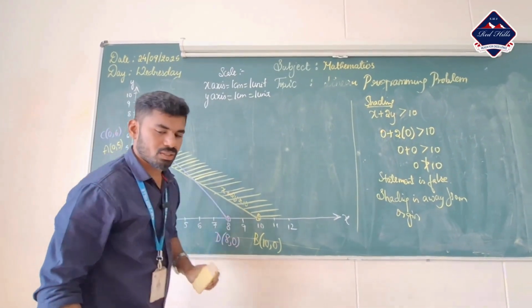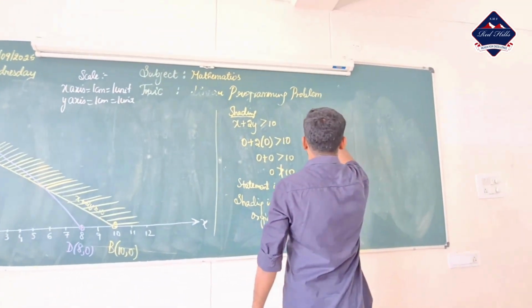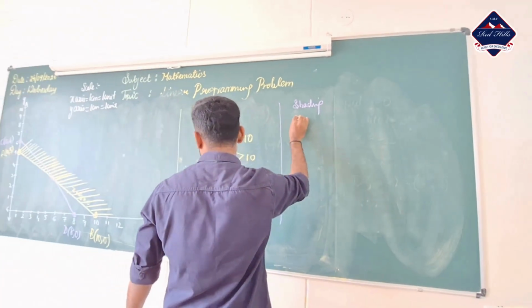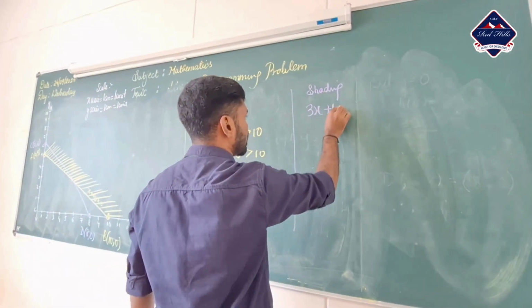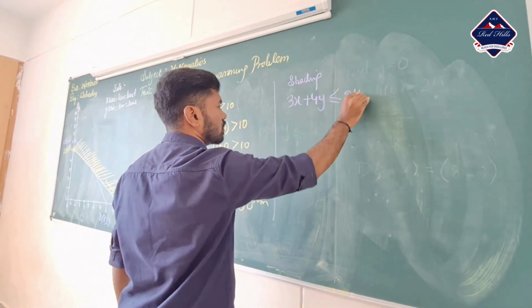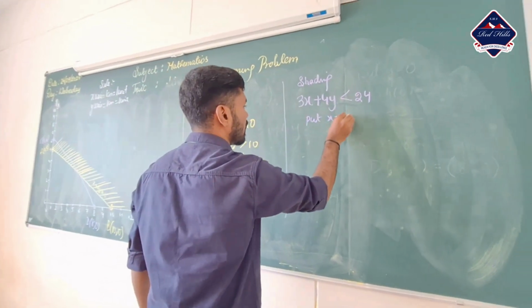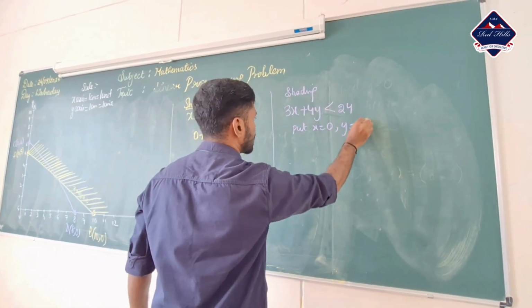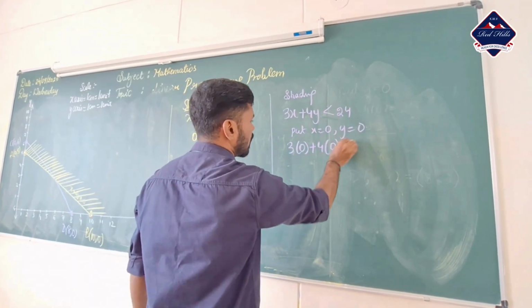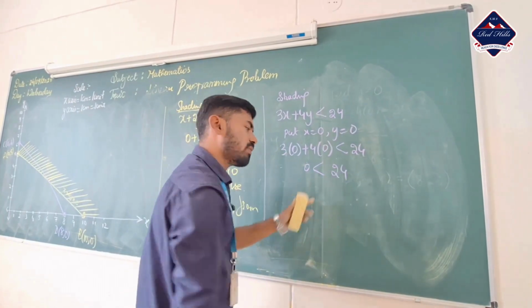Okay. Next, what about the shading of the second constraint? Yes? 3x plus 4y less than or equal to 24. So therefore, put both x equal to 0 and y equal to 0. What happens to this equation? 3 into 0 plus 4 into 0 less than 24 means 0 is less than 24 only.